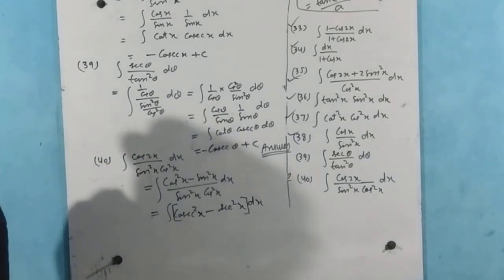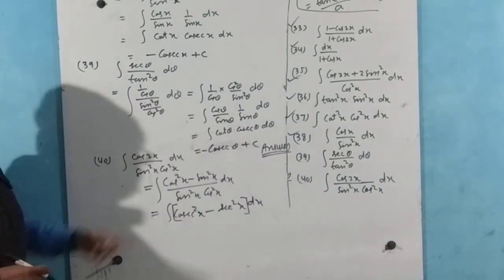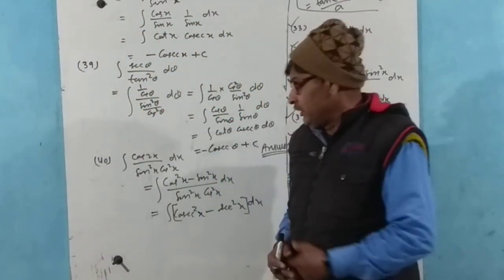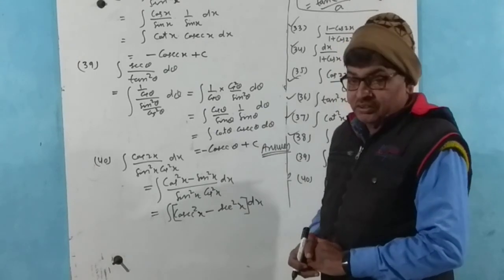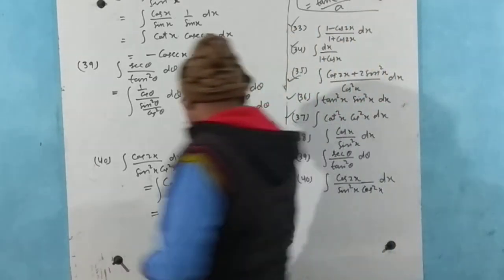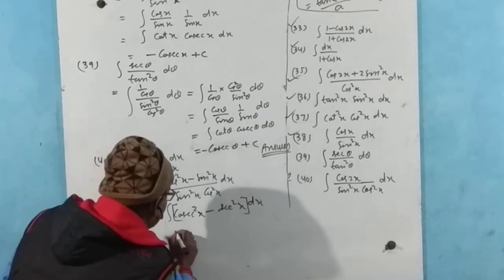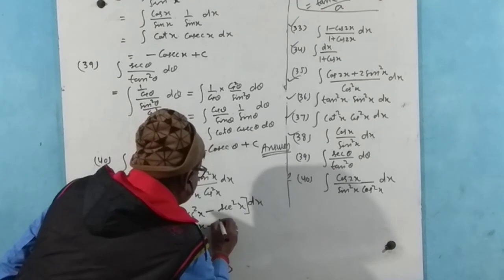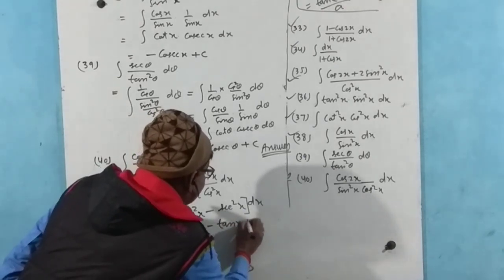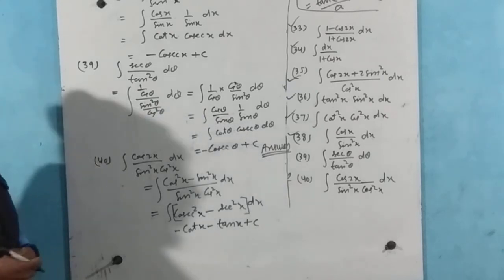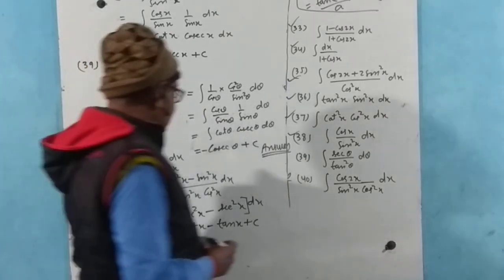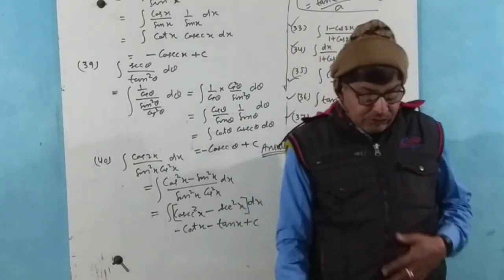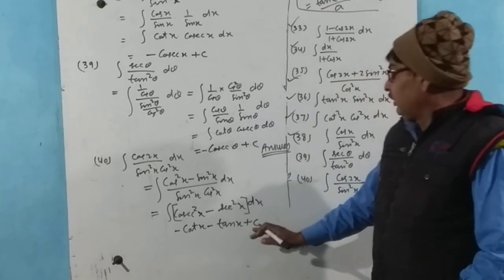Now the integration of cosec square x: the differentiation of cot x is minus cosec square x, so that gives minus cot x, and minus this is tan x plus c here. As you know that the differentiation of tan x is equal to sec square x, so the integration of sec square x is tan x plus c.